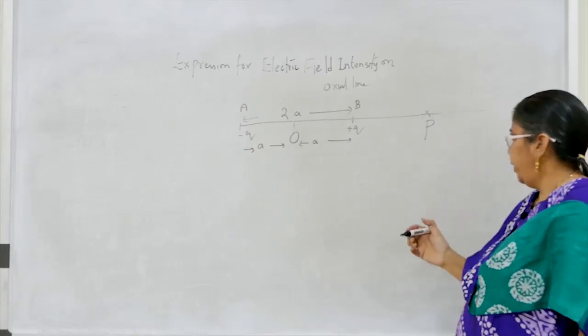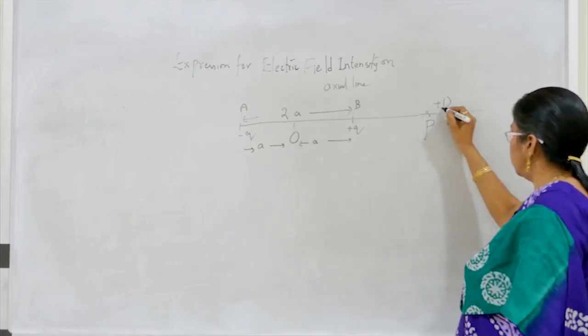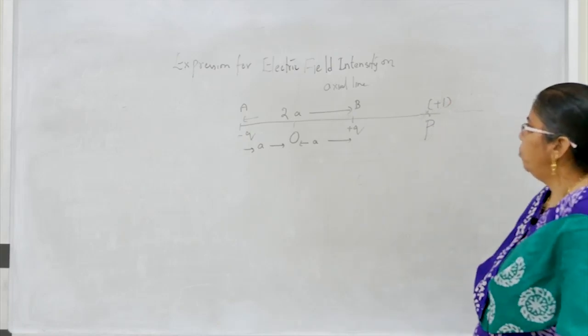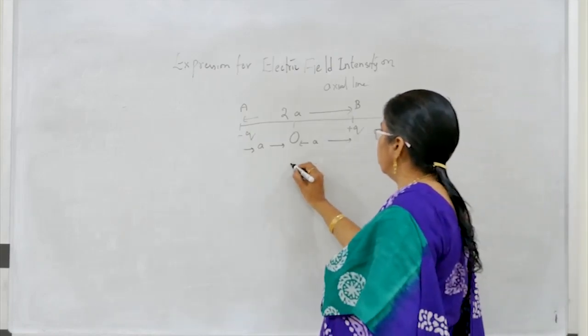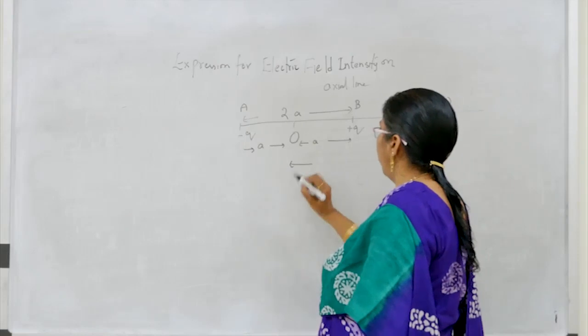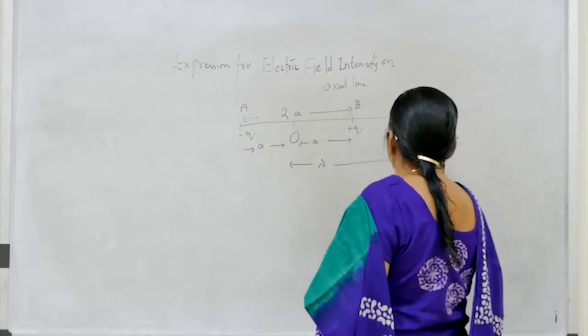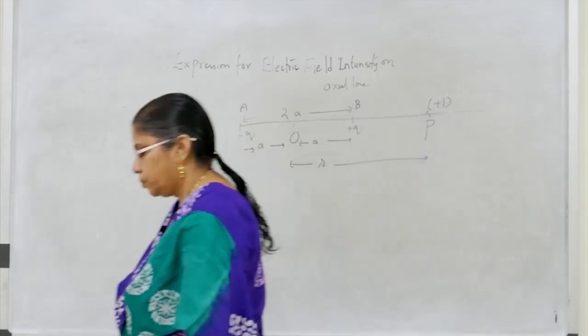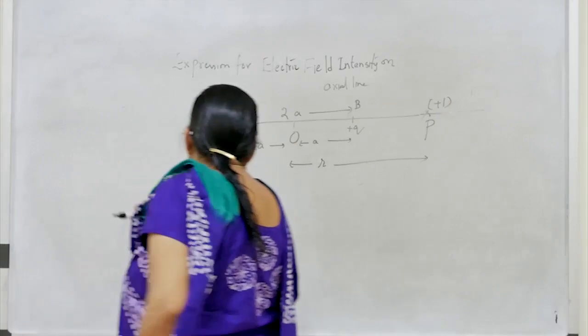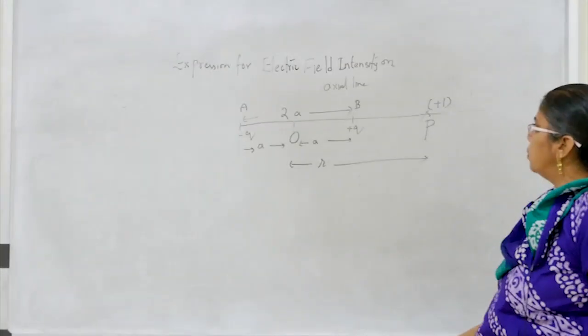So near the point a unit positive charge is placed, which is at a distance R from the center of the dipole.